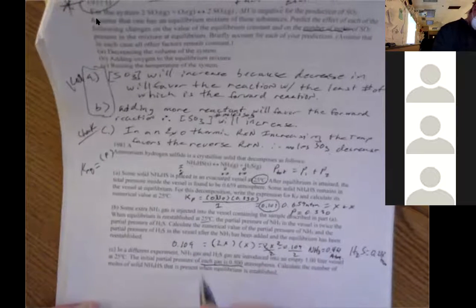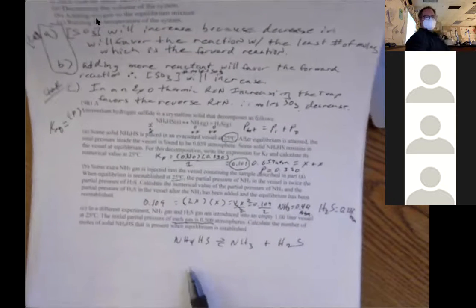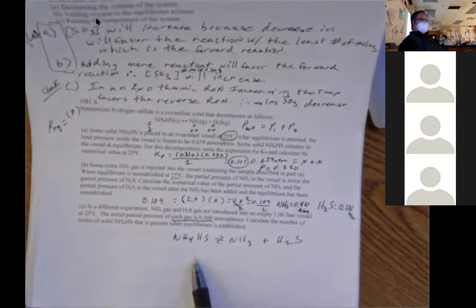So again, each gas is 0.500. So we need our balanced equation. NH4HS yields NH3 plus H2S. And this is exactly like with the concentrations, we can use the partial pressures in a nice table.